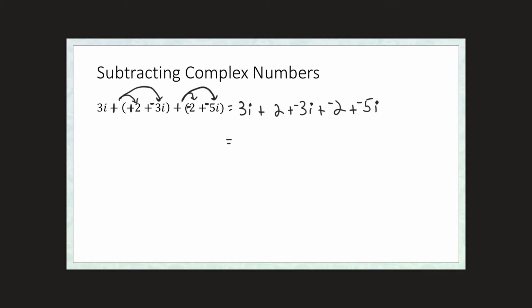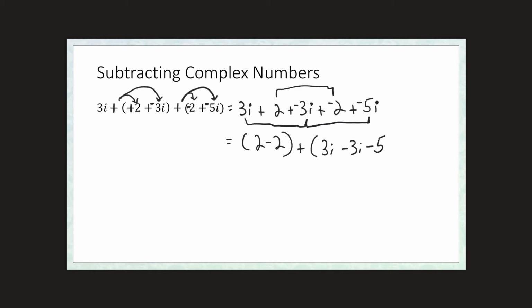So I can write 2 minus 2, just these two parts right here, those two real numbers, and add to that the 3i, the negative 3i, and the negative 5i. So 3i minus 3i minus 5i.